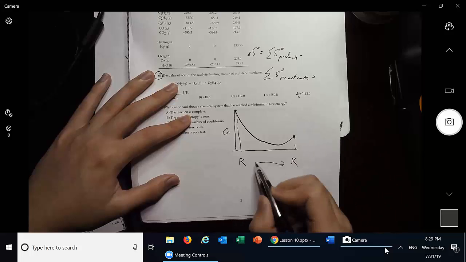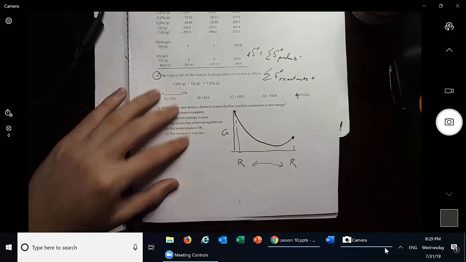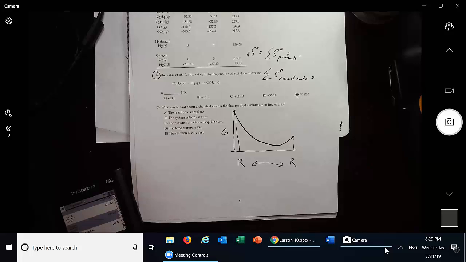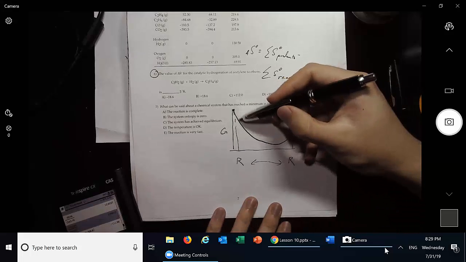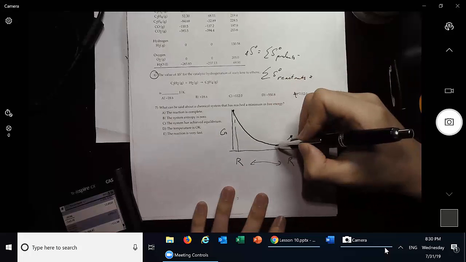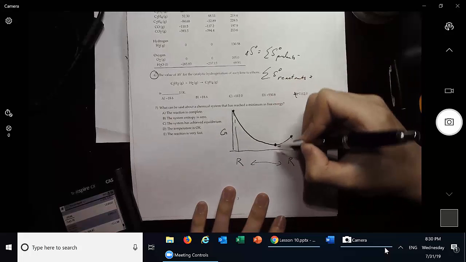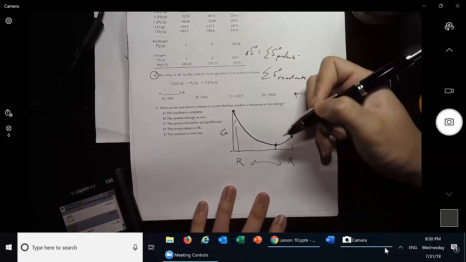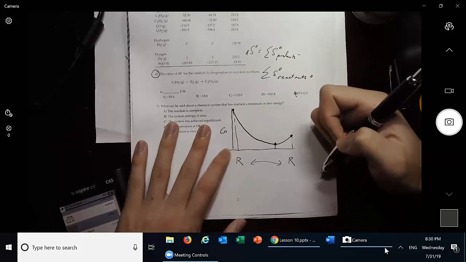In between, we have a mixture of reactants and products. This mixture corresponds to some equilibrium. The system will want to reach a minimum of free energy, and it will achieve that at some mixture of products. And this is the equilibrium.